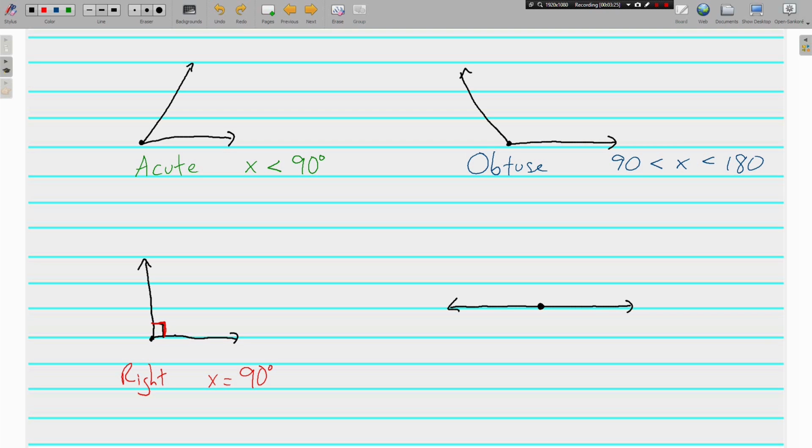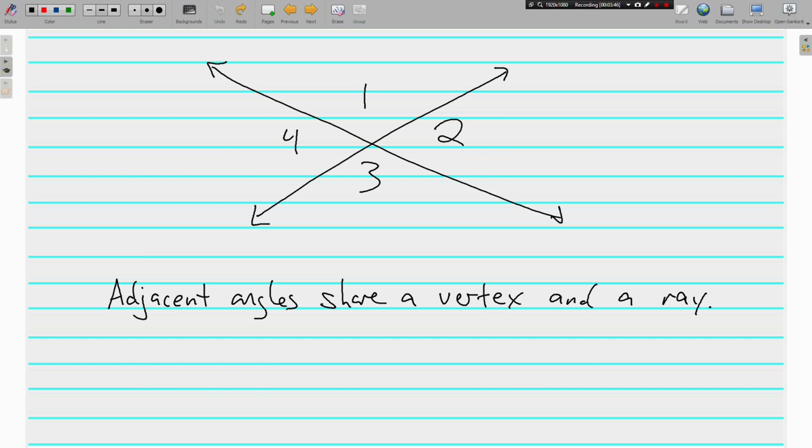And then our last one is called a straight angle. Straight angles are 180 degrees. Another name for a straight angle is a line, but you probably already knew that. Straight angles and lines are the same thing. Alright, so that's a little bit of review. Let's move on to some new stuff.